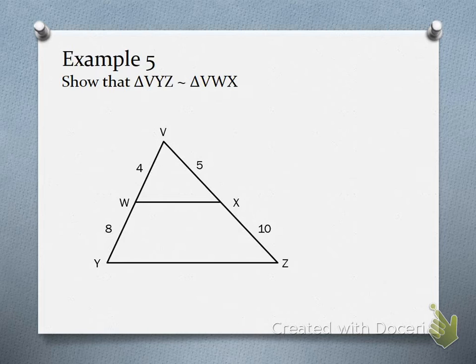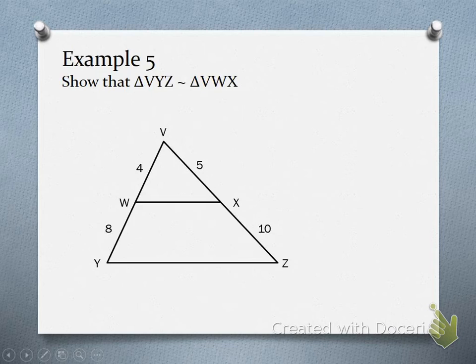Show that triangle VYZ is similar to triangle VWX. So VYZ is the big triangle.